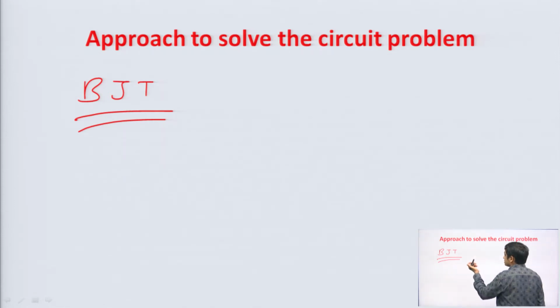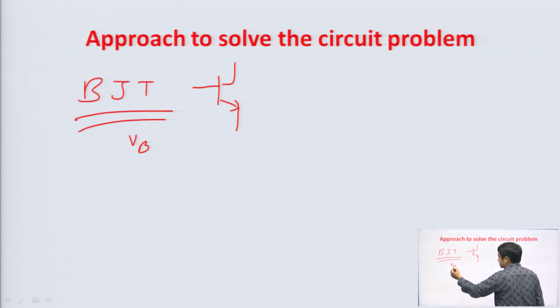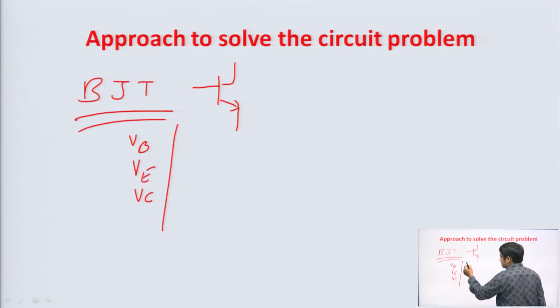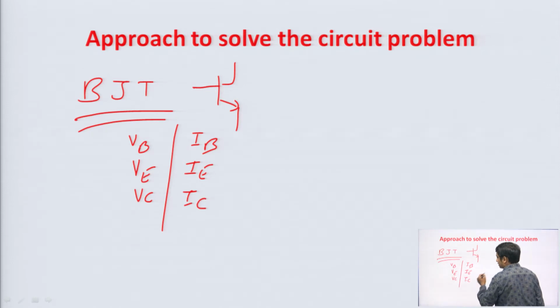Node voltages means, in case of BJT, the base voltage, emitter voltage, collector voltage, base current, emitter current and collector current.